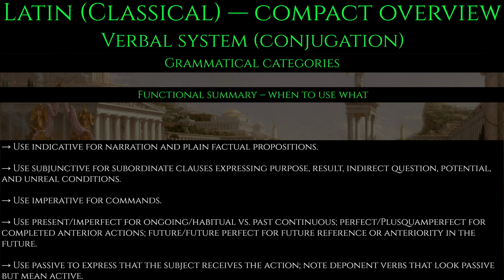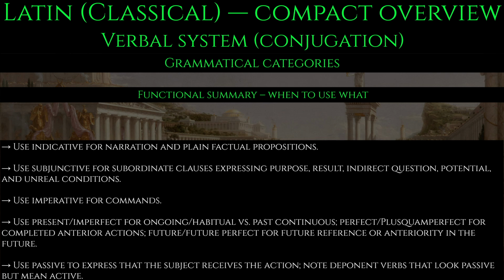So, a small functional summary. When to use what? Use indicative for narration and plain factual propositions. Use subjunctive for subordinate clauses expressing purpose, result, indirect question, potential and unreal conditions. Use imperative for commands. Use present or imperfect for ongoing or habitual versus past continuous.